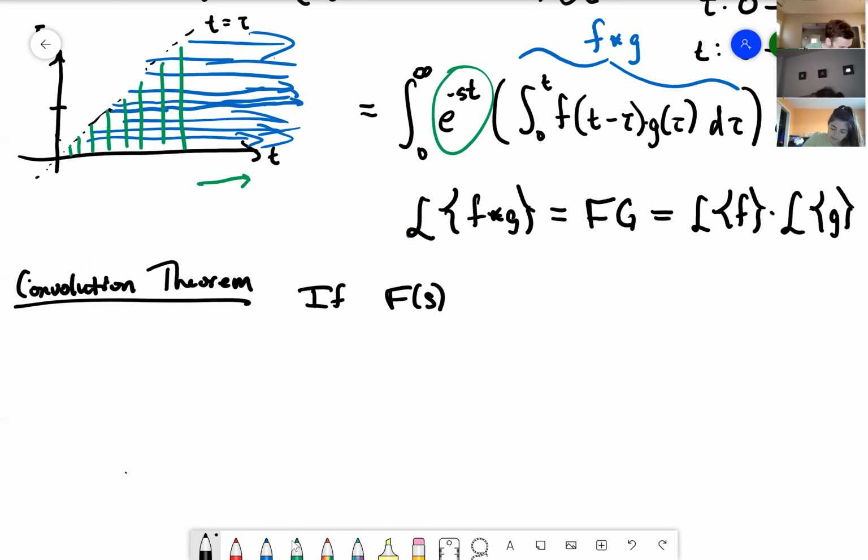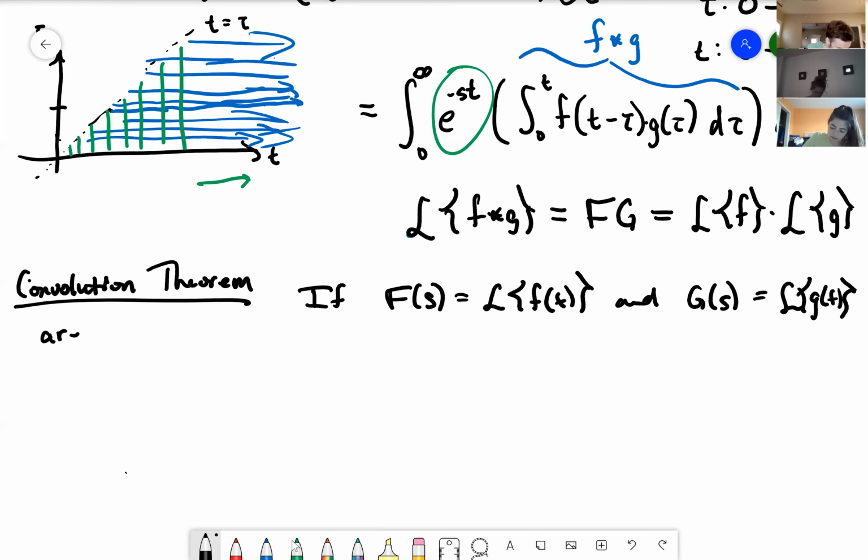So if we have F of s, which is the Laplace transform of f of t, and we have G of s, the Laplace transform of some g of t, and they exist for s greater than a, where a is some non-negative number. And remember, if we're thinking about this in the s-plane, then the real part of s is bigger than a.